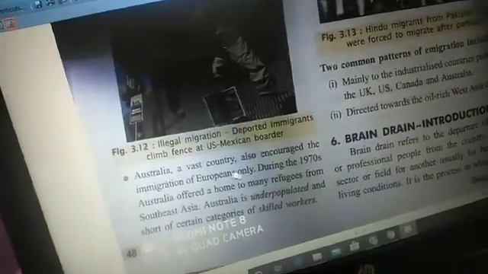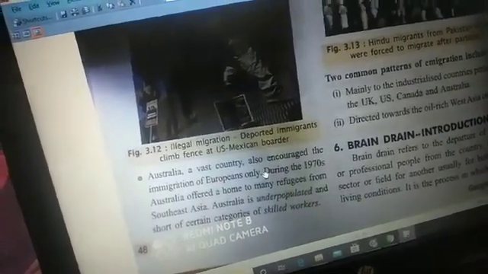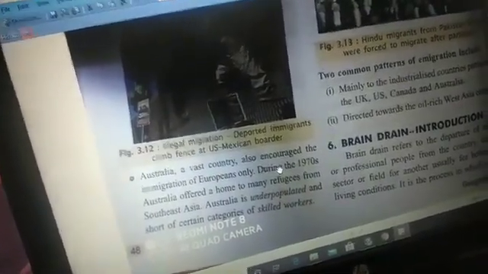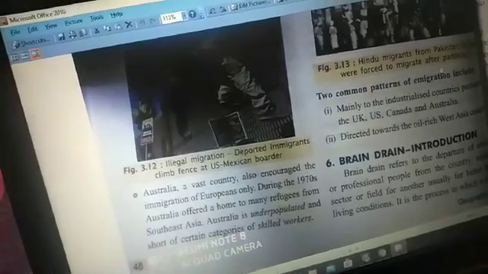Australia is also one of the other countries which welcomes Europeans most of the time. Australia is underpopulated. Very few people are living there, and very few skilled employees also. They started welcoming many people.